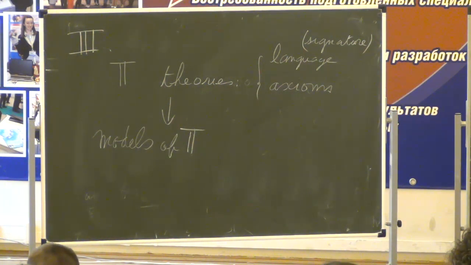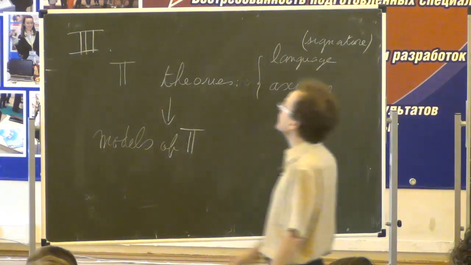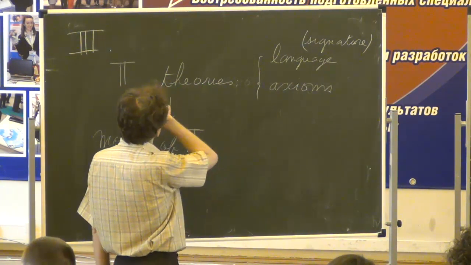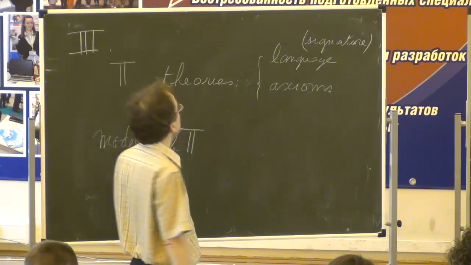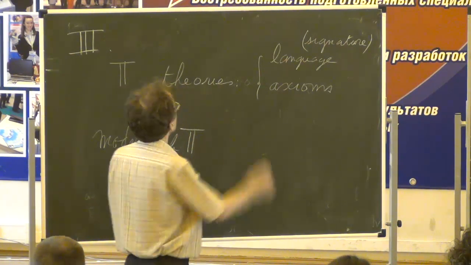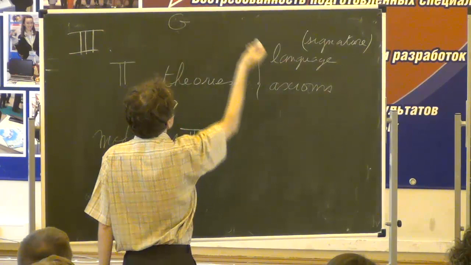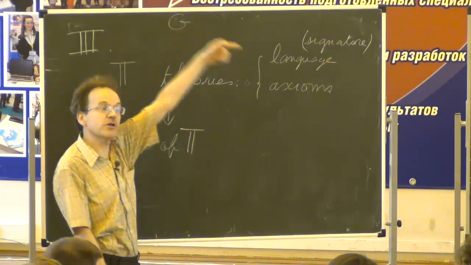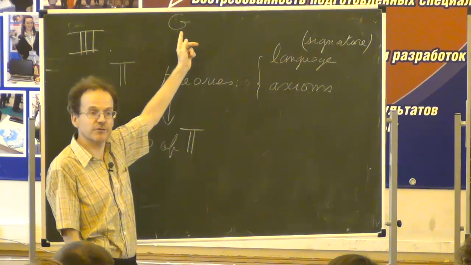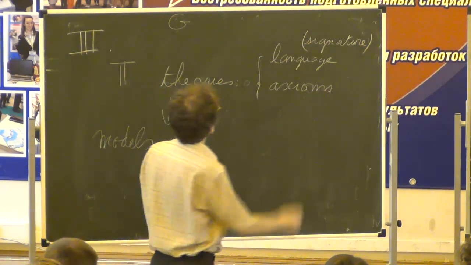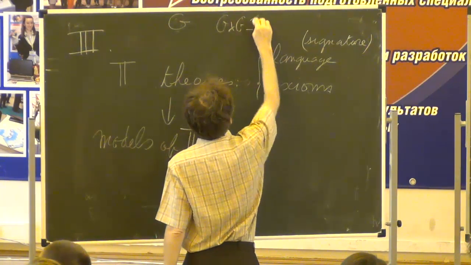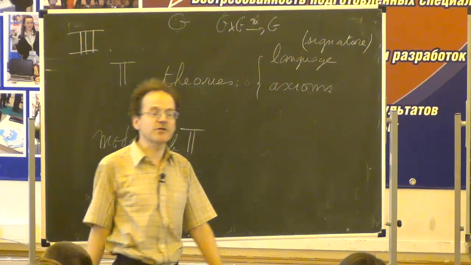For instance, consider the theory of groups. In the theory of groups, what is the language? The first word is G, which will denote the group object. The second word is, let's say, M for multiplication morphism.